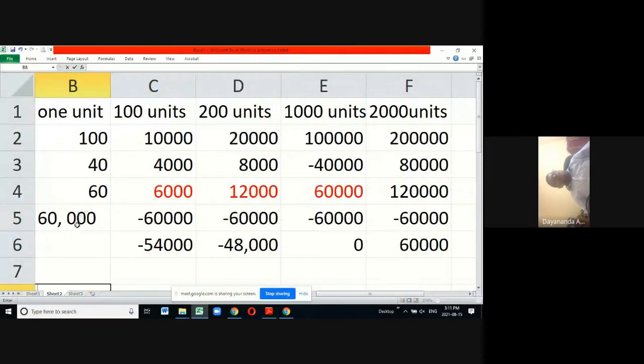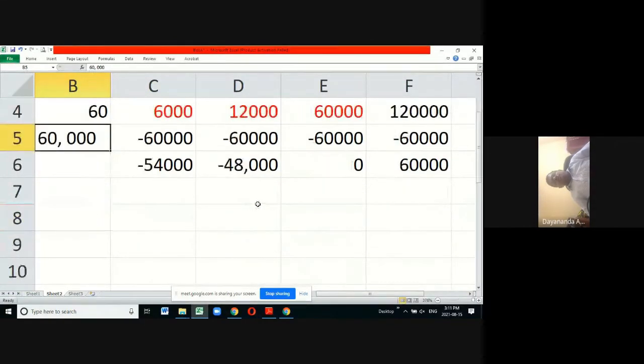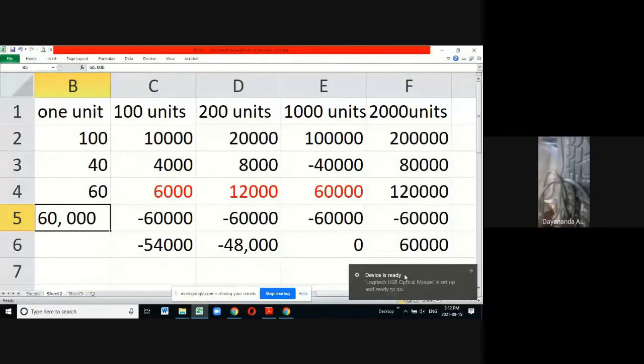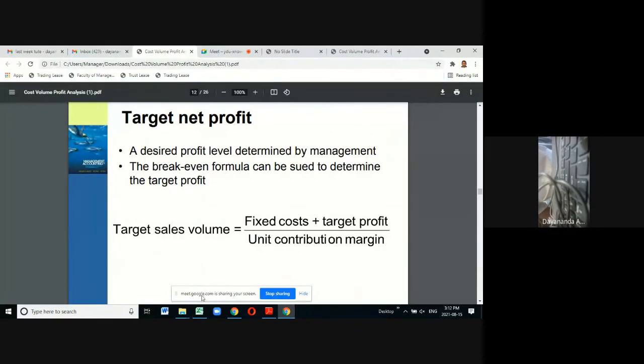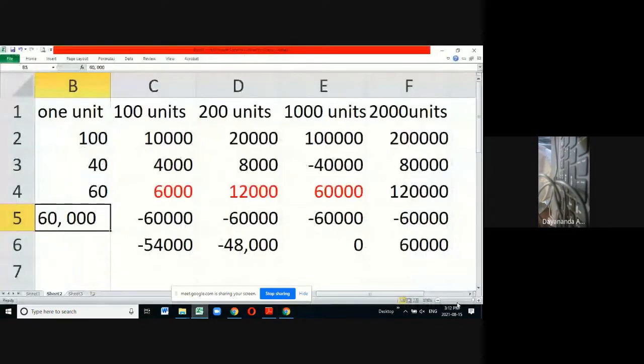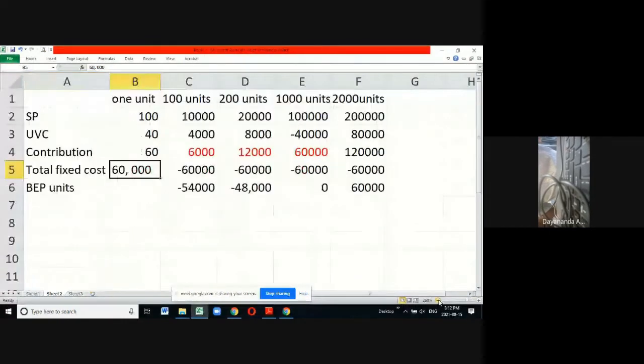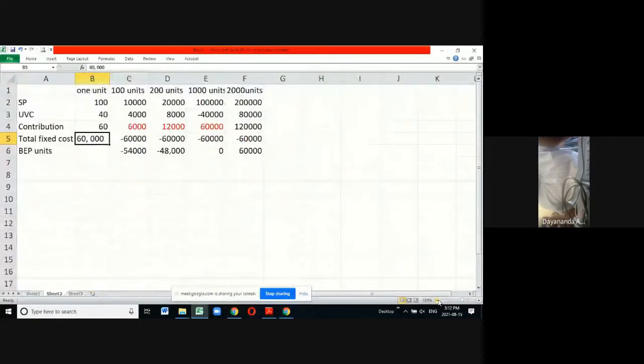What is this fixed cost? Okay, shall we make it smaller? Then it's easy for me. Okay.